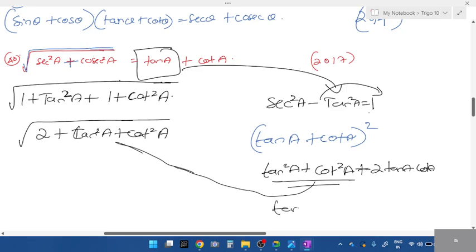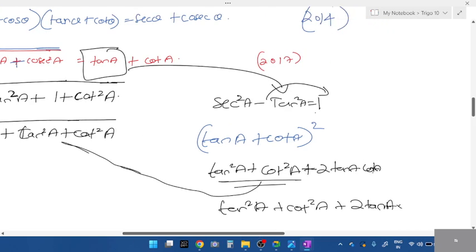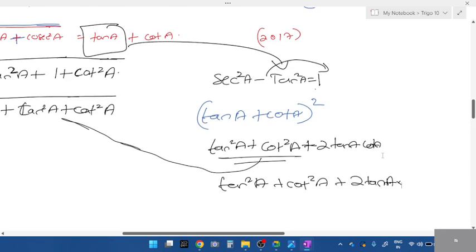I'll keep tan square a plus cot square a plus 2. What is the reciprocal for cot a? Reciprocal relation. What is reciprocal for cot a, students? Can I write cot a as 1 by tan a? They get cancelled. What is left?